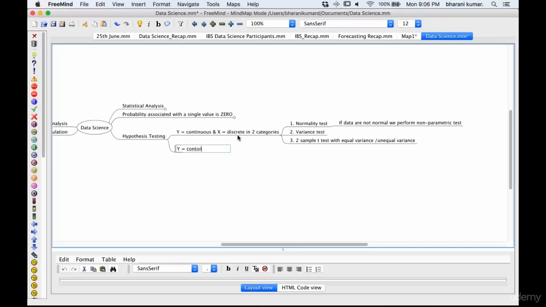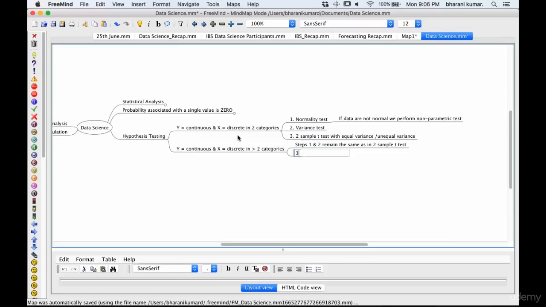If the output variable is continuous and your input variable is discrete in greater than two categories, then the same steps follow once again. But the only change would be, steps 1 and 2 remain the same as in two-sample t-test.